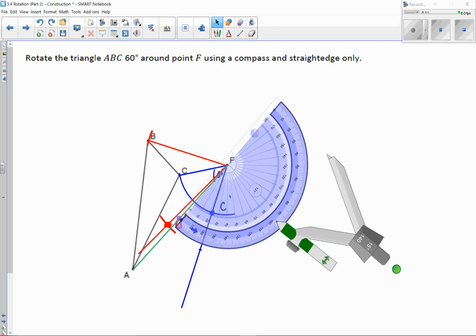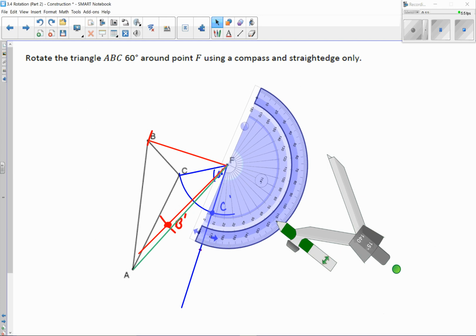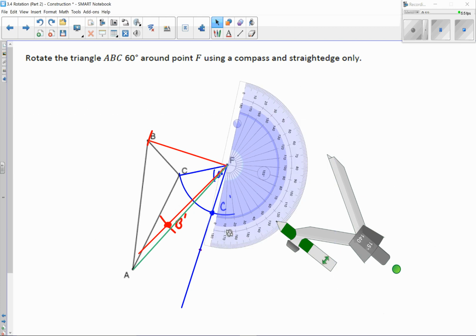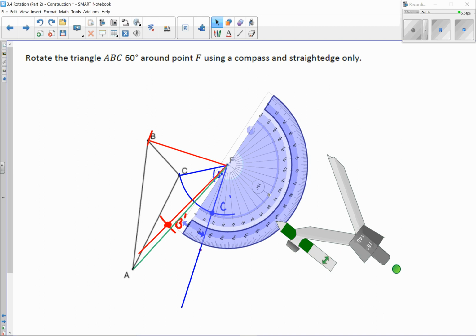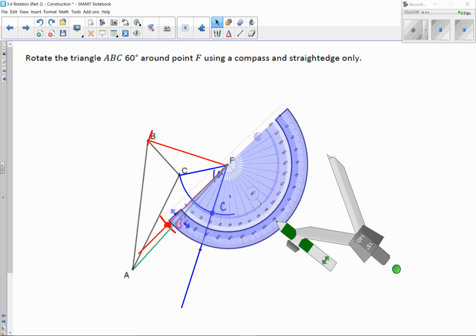All right, so I'm going to line this up. Again, as accurately as I possibly can onto that, in this case, that green line that represents the line segment between A and F. Right there.